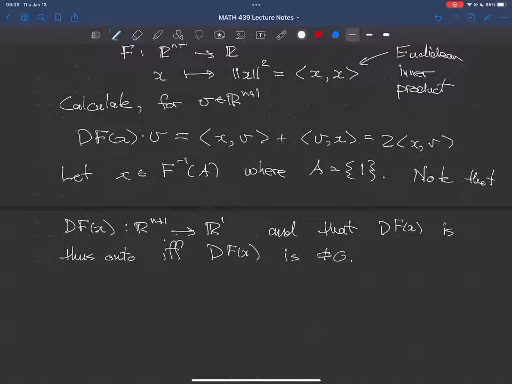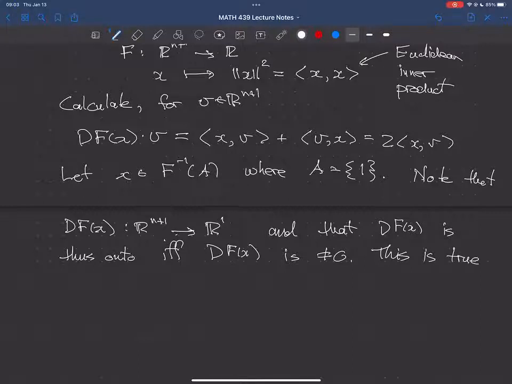Okay, so I need to just verify that for every point x in the pre-image of 1, this thing is not 0. And so why is it not 0? Okay, but this is true.